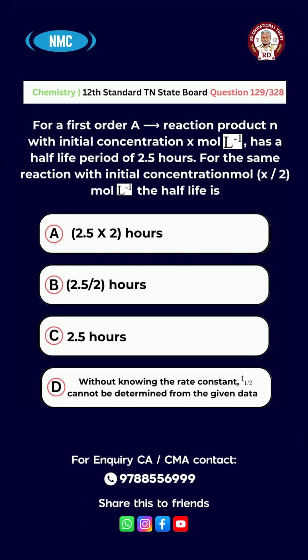For the same reaction with initial concentration X by 2 mole L inverse, the half-life is option A, 2.5 into 2 hours, option B, 2.5 by 2 hours, option C, 2.5 hours, option D, without knowing the rate constant, t 1 by 2 cannot be determined from the given data. The correct option is option C, 2.5 hours.